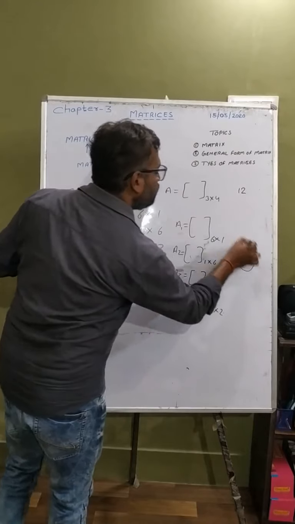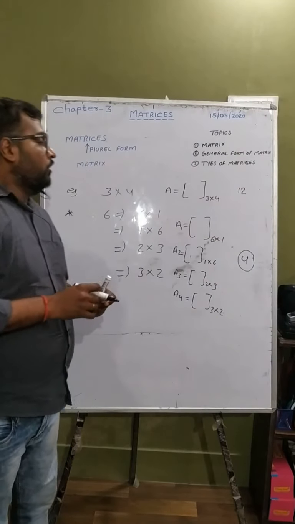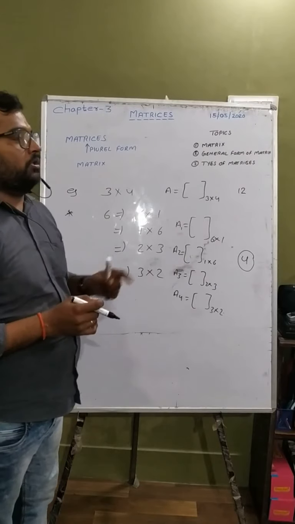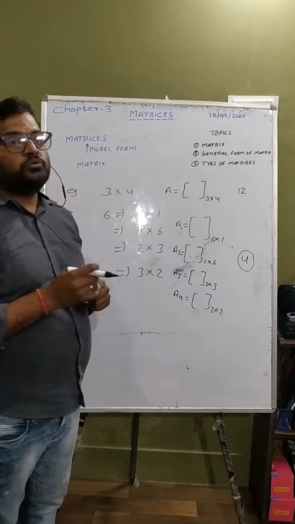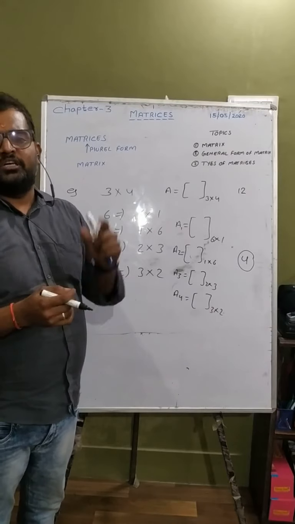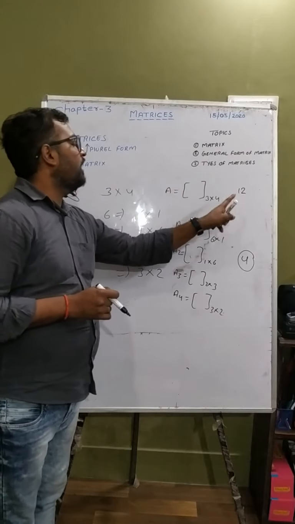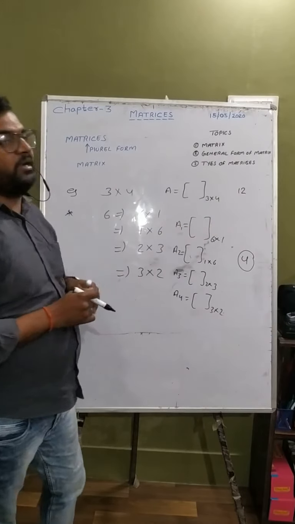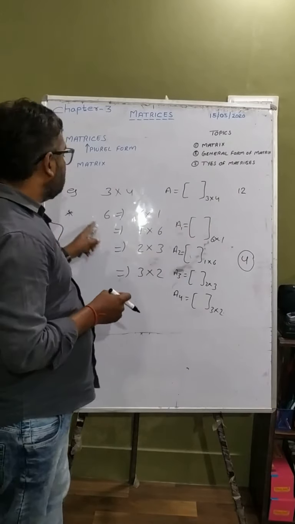Total 4 matrices can be formed. Clear? So till now we have covered the topic matrix. On this topic, two questions can arise. If the order is given, then we can find the total number of elements, and if the number of elements of a matrix is given, then we can find the total possible matrices.